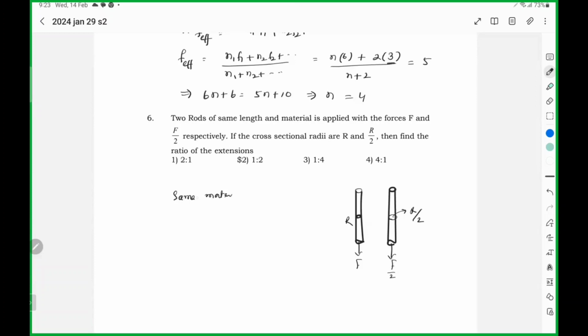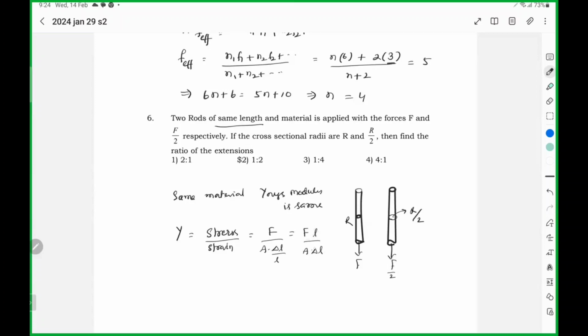Same material, so Young's modulus is the same. Young's modulus is stress by strain: F by A, delta L by L. Here, what he has given is the same length, so length is fixed.